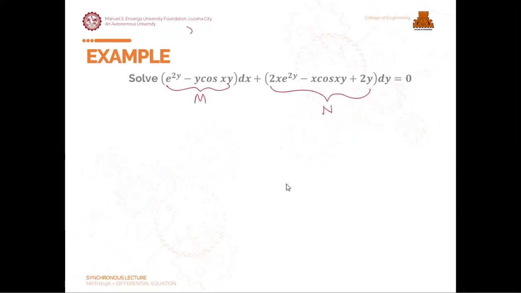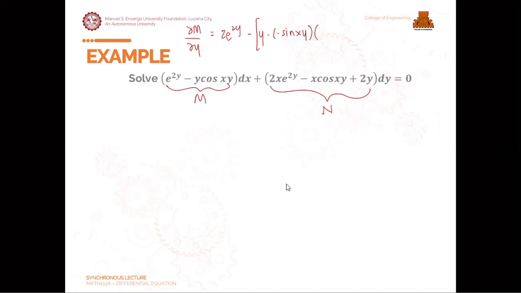Okay, so partial of M with respect to y, so that will be 2e^2y minus, okay, so pwede siyang i-derive, no? So cosine, so y times negative sine xy, the derivative nung nasa loob is x, so treated as constant yung kasama niya.